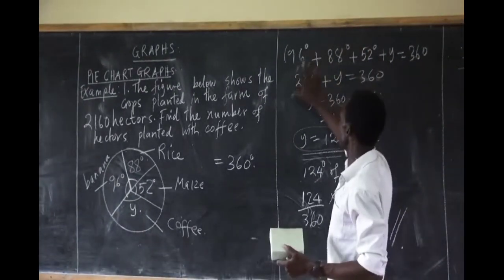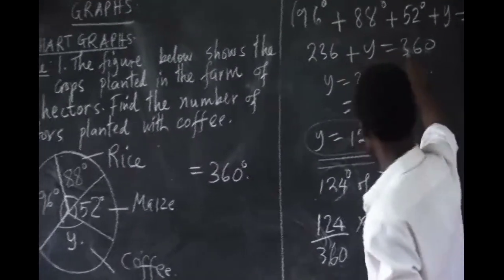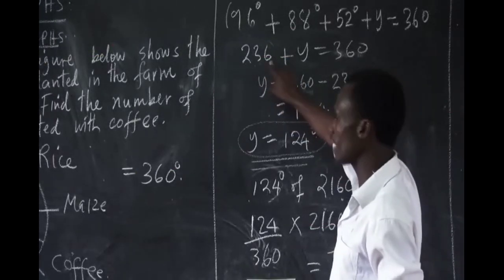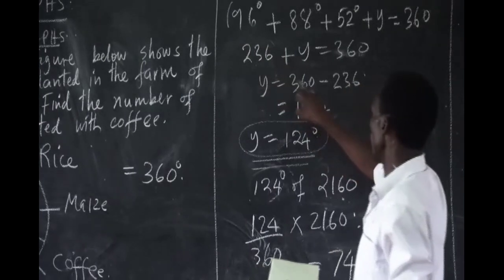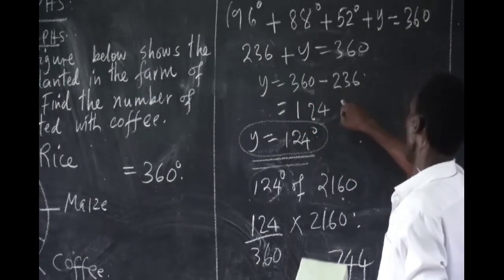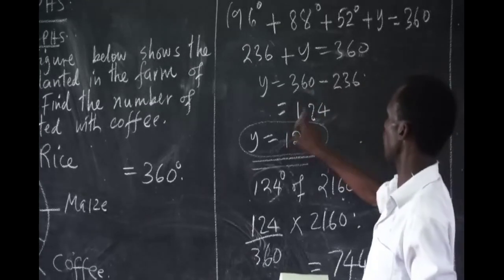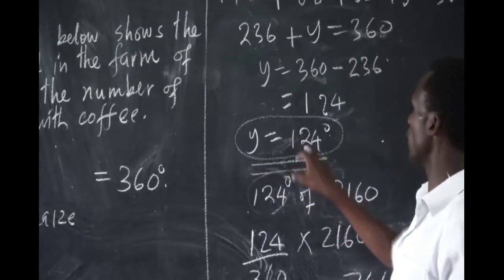Collecting the like terms, we have 236 degrees plus y equals 360. We need the value of y, so we take the like terms to the other side. If it is positive, it becomes negative, then 360 minus 236. Subtracting, we get 124. So y is equal to 124.